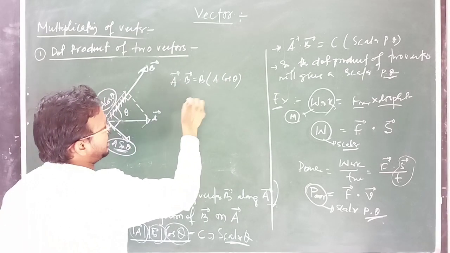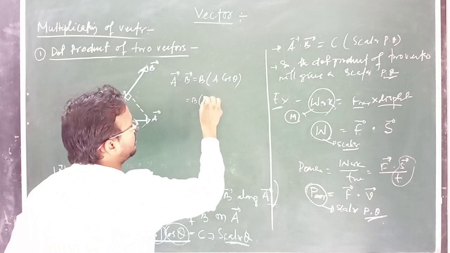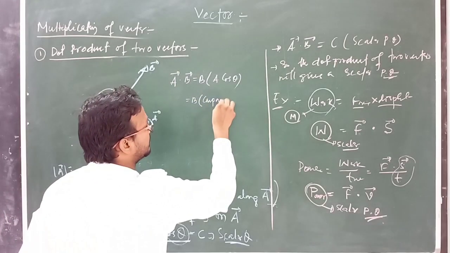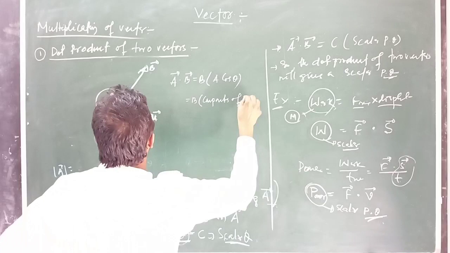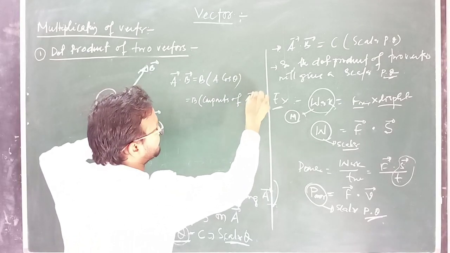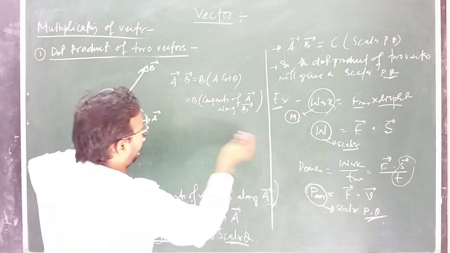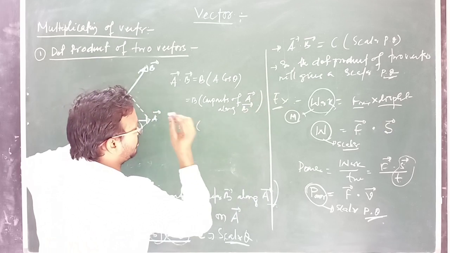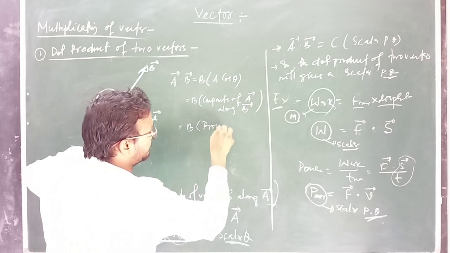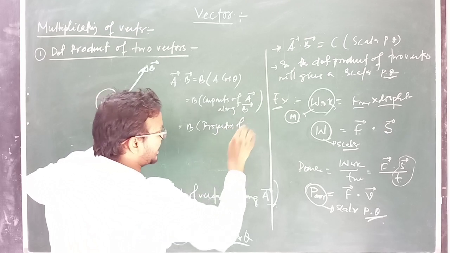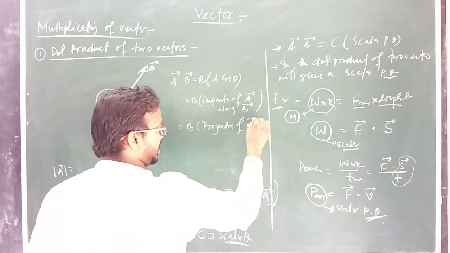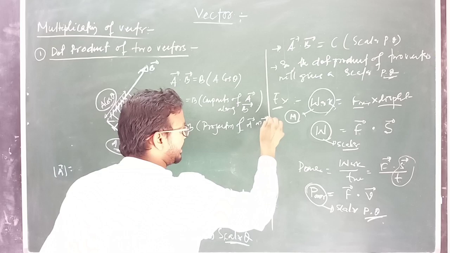You can write B into component of A vector along B vector, or B times the projection of A vector on B vector.